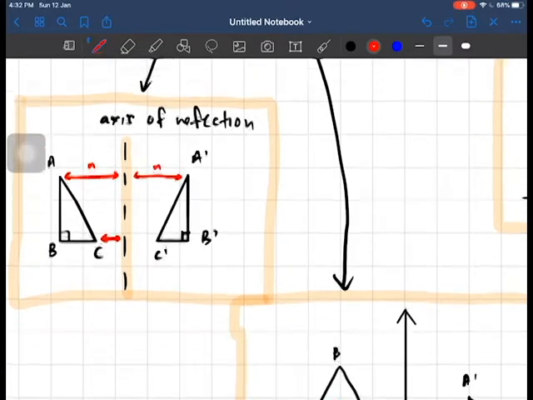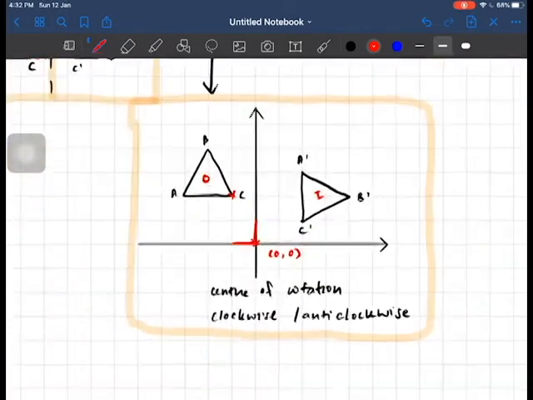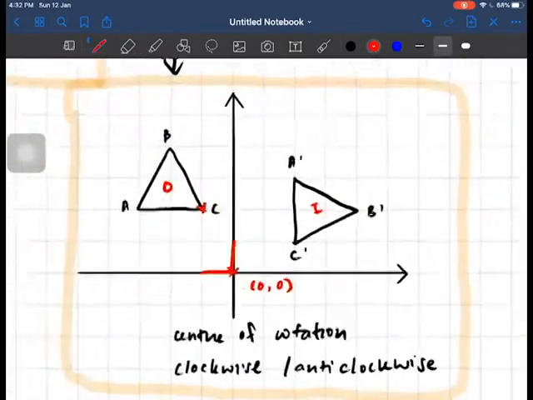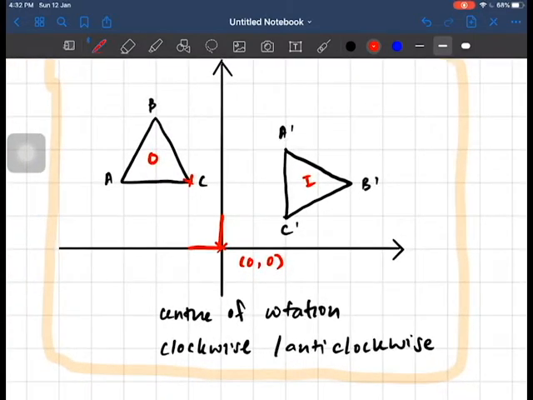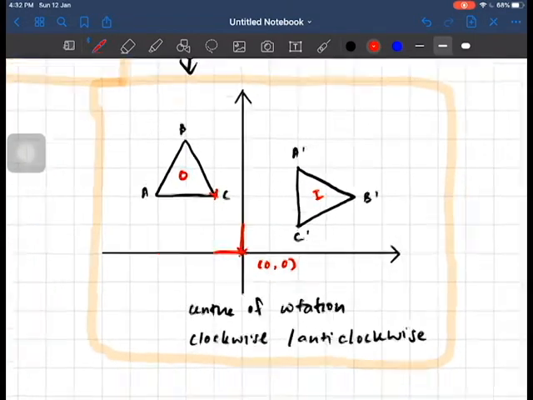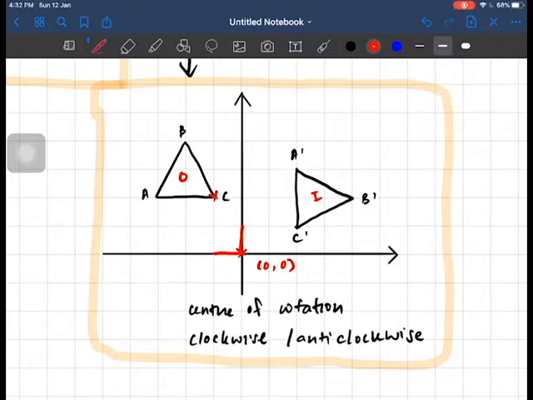Okay. So next one is rotation. What's rotation? In rotation, it's important to understand the center of rotation, whether it's clockwise or anti-clockwise, and the degree. So all the points of this object would turn about a fixed point, also known as the center of rotation, through the same angle in the same direction.